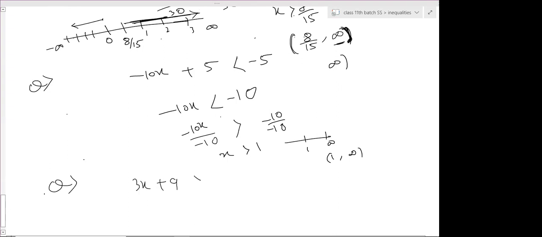3x plus 9 is greater than or equals to minus x plus 19. All right. Solve this. I need the answers in interval from both of you.